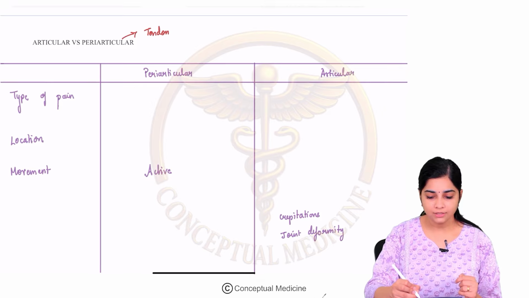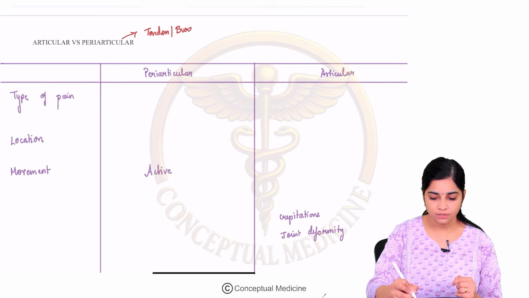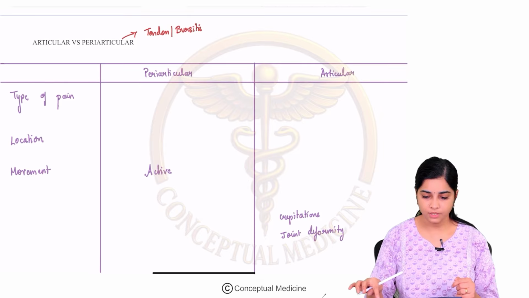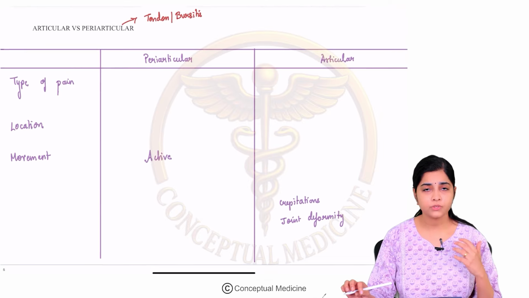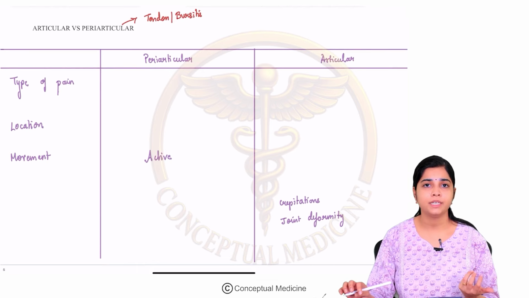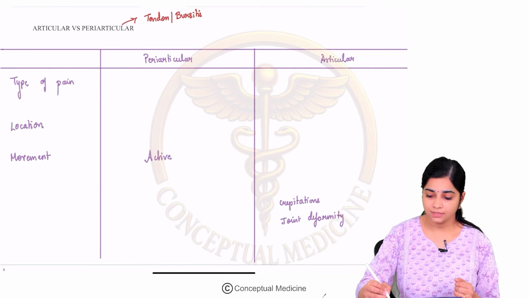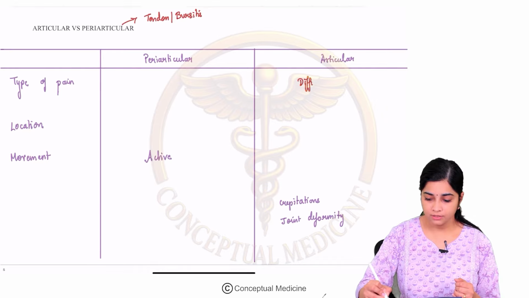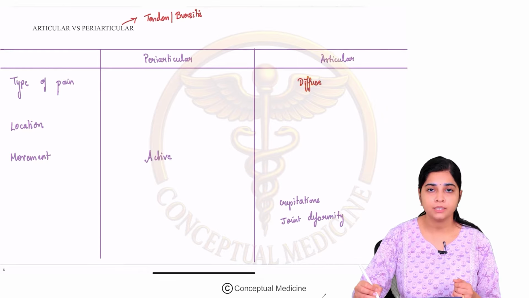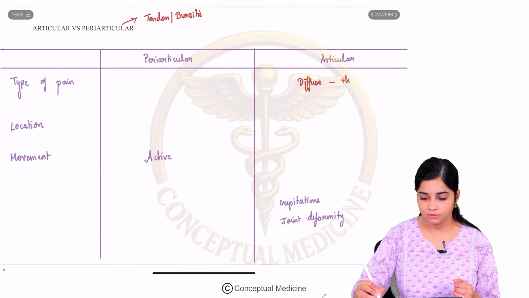So what are the periarticular structures? It is a tendon or a bursa. So how will you differentiate if this is a periarticular pain or an articular pain? Always remember that articular pain is usually a diffuse type of pain and it is present throughout the particular joint.